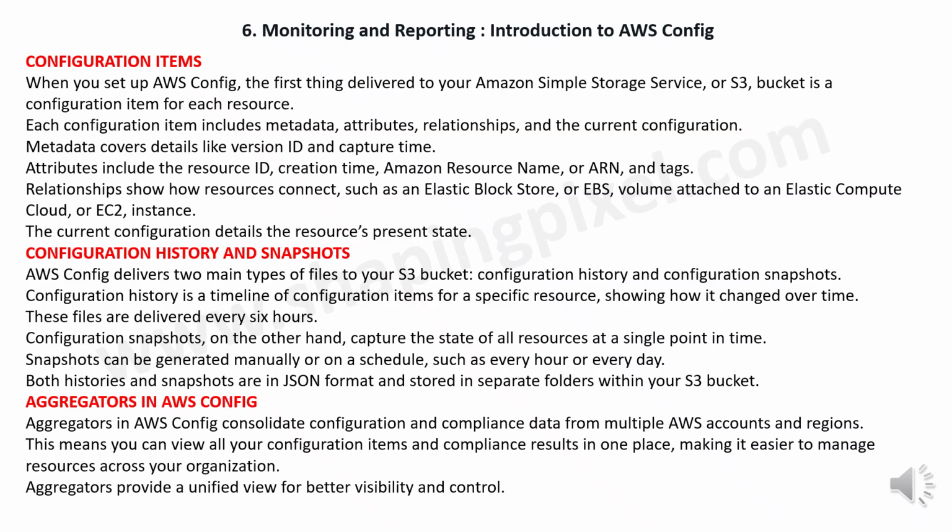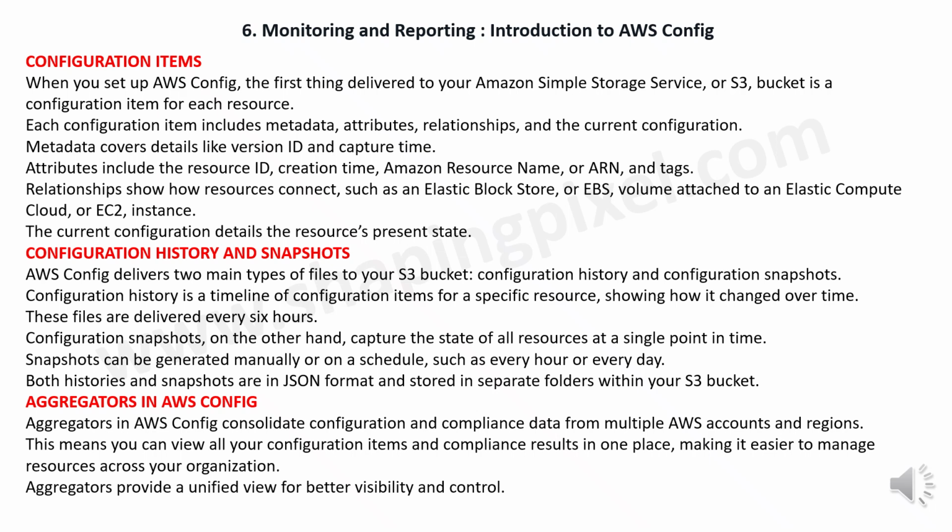Attributes include the resource ID, creation time, Amazon Resource Name or ARN, and tags. Relationships show how resources connect, such as an Elastic Block Store or EBS volume attached to an Elastic Compute Cloud or EC2 instance. The current configuration details the resource's present state.